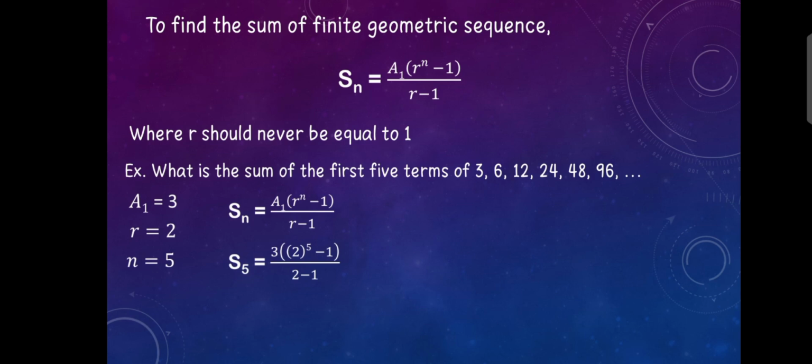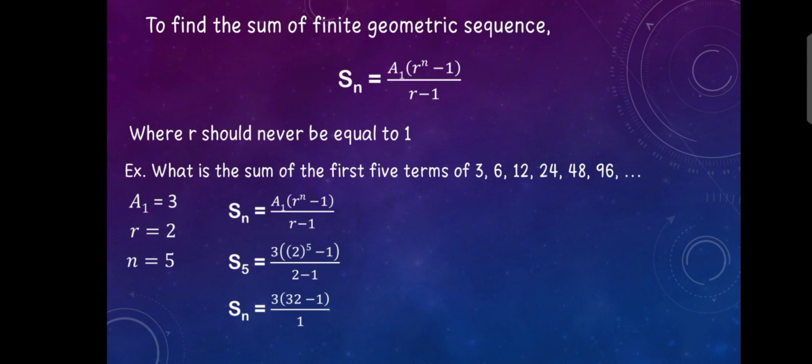Now, our first step is we will evaluate the power. 2 raised to 5 is 32, and 2 minus 1 is 1. So, 3, the quantity of 32 minus 1, over 1 is our S sub n.